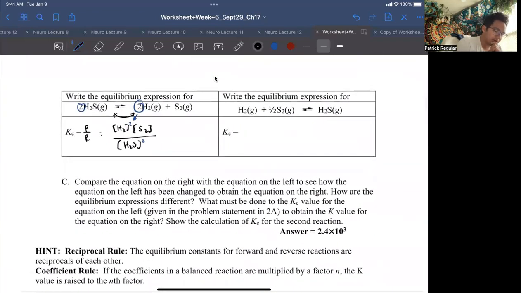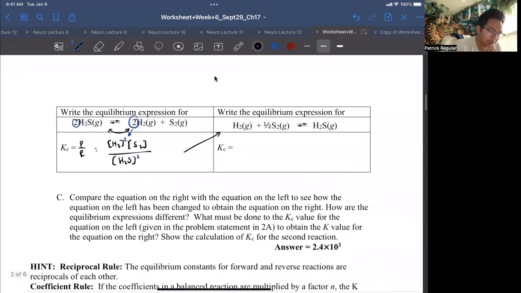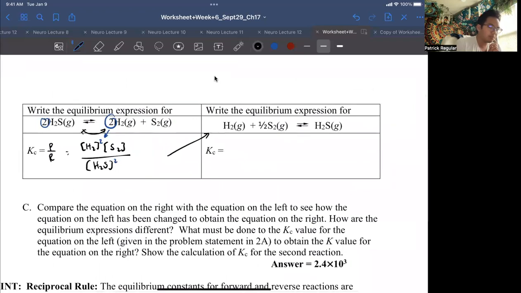Now, that's our initial expression. And now we've not only flipped it, we also decreased it by half. So for the first part, we just flip these top and bottom. All right, so now our H2S is at the top, and our H2 and S2 are at the bottom. Not only that, our coefficients change.